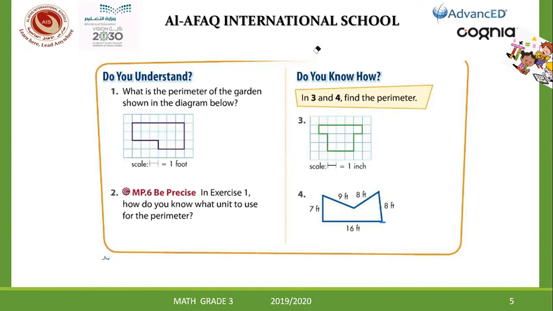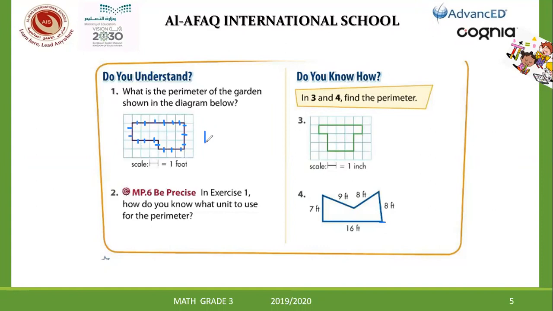As we said, to find the perimeter of a shape drawn on a grid, count all the unit segments that make this figure: 1, 2, 3, 4, 5, 6, 7, 8, 9, 10, 11, 12, 13, 14, 15, 16, 17, 18. All the unit segments are 18.